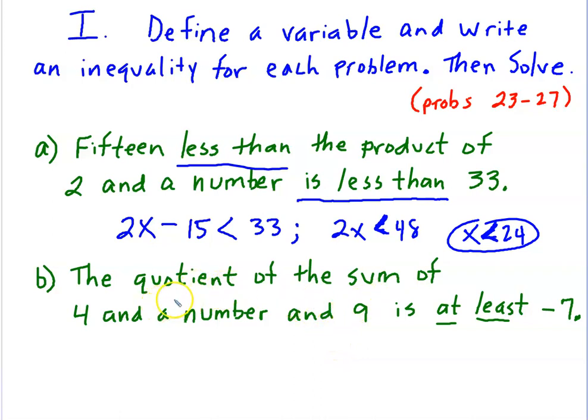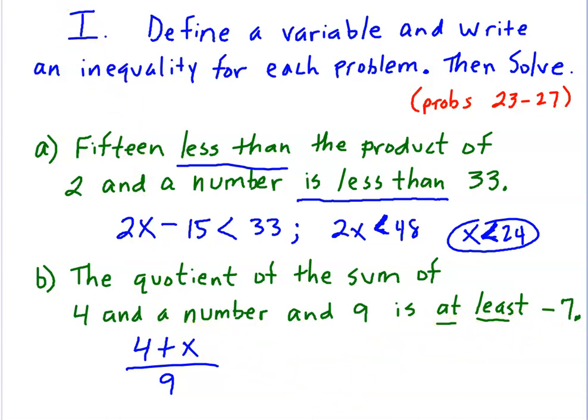Okay, so here's another one. The quotient refers to the answer to a division problem. The sum of 4 and a number. And the quotient of the sum of 4 and a number and 9, so we're dividing by 9, is at least -7.